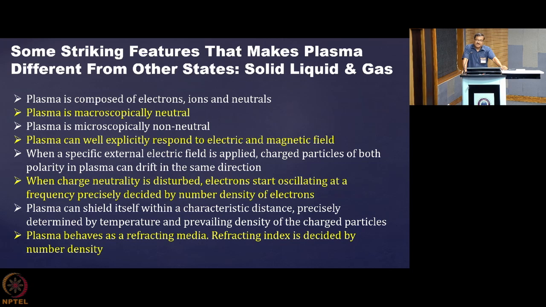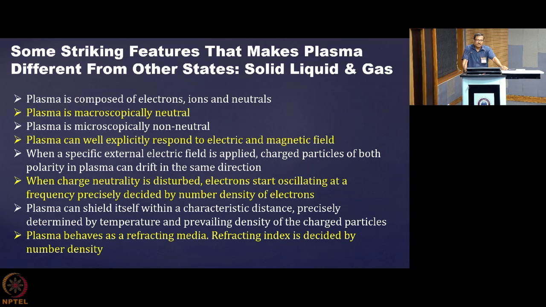Now, plasma is composed of charged particles. A very interesting fact is that plasma is macroscopically neutral. So, we can say that overall the plasma is neutral. The plasma is macroscopically neutral, but it is not microscopically.